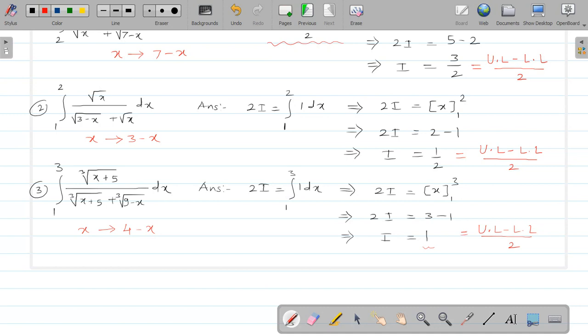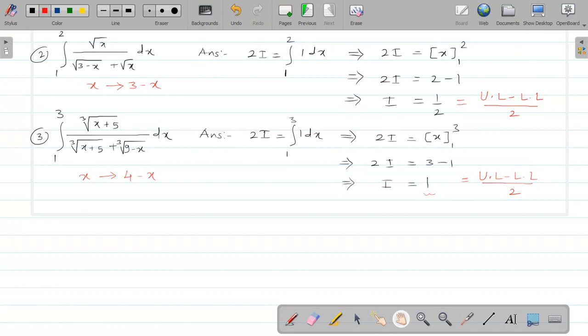So in all these three cases, to guess the answer, what you have to remember is that if you use this property and observe all these three examples, then the answer of integration I will be upper limit minus lower limit upon 2. So directly, just by observation, you will get the answer, and if you do the procedure properly, it is very easy to understand.